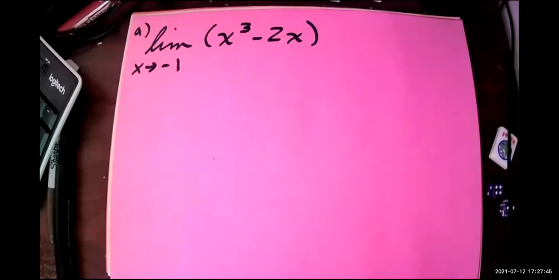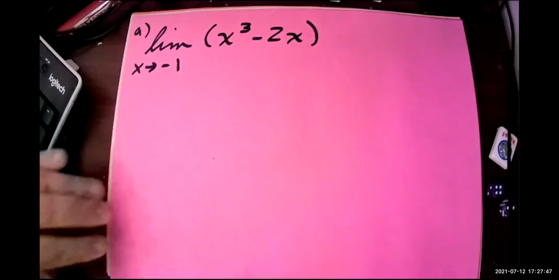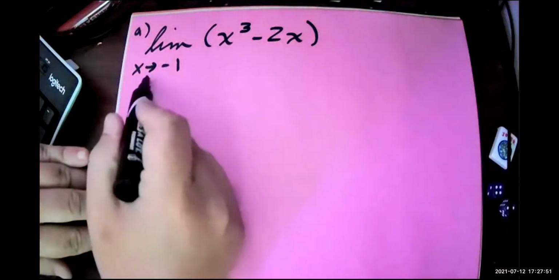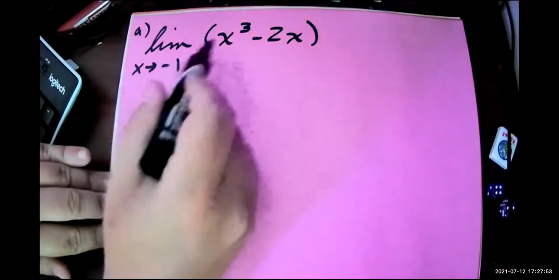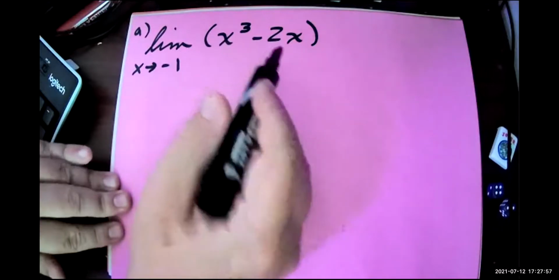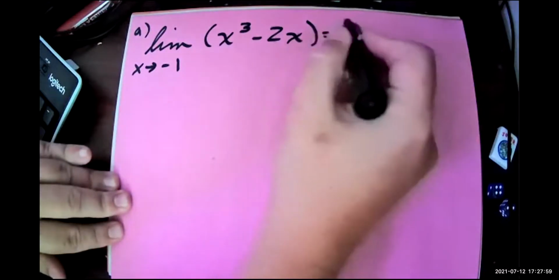Now, this is clearly a polynomial function. So what I'm going to do is substitute this x value of -1 directly in every place I see x, as if I was finding f of -1. The result would look kind of like this.